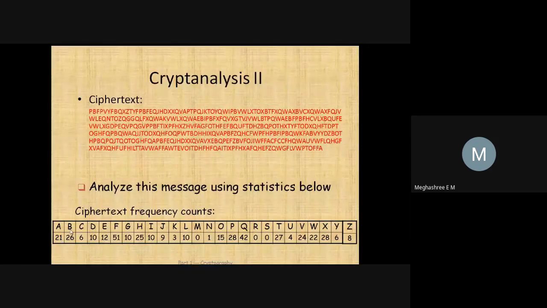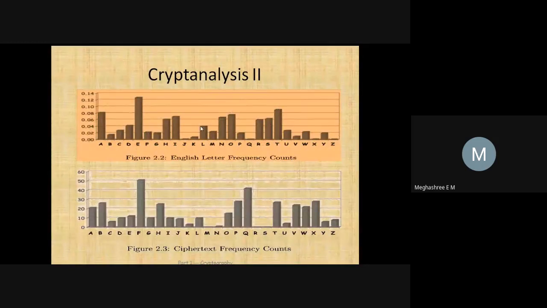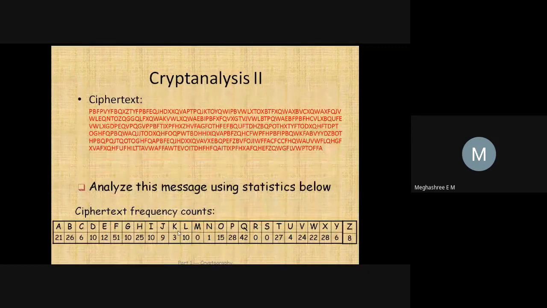A 21 times, B 26 times. With respect to this ciphertext, this count is written. Now what the attacker will do is compare the English letter frequency count with the ciphertext letter frequency count, that is, whatever we drew from this ciphertext.